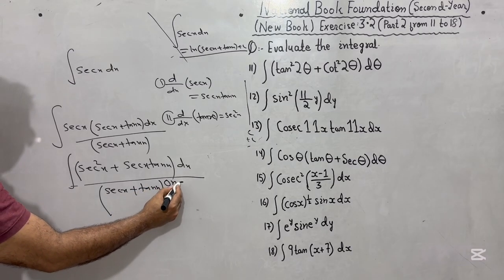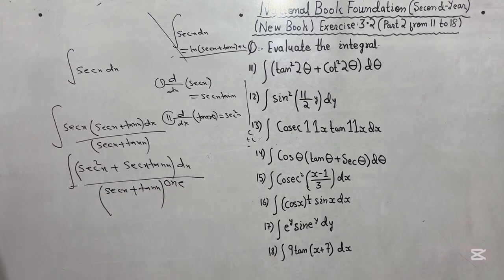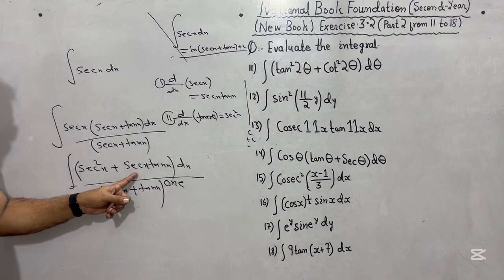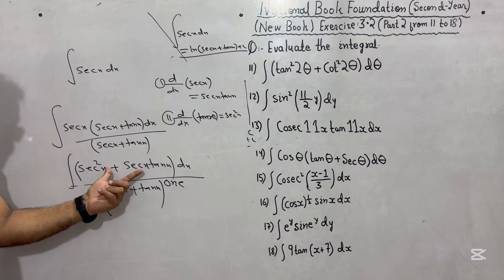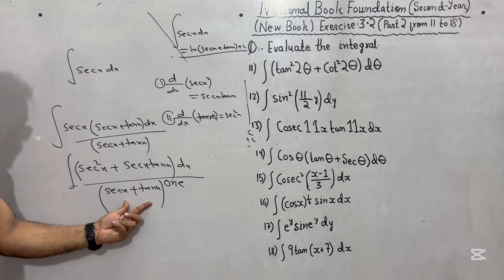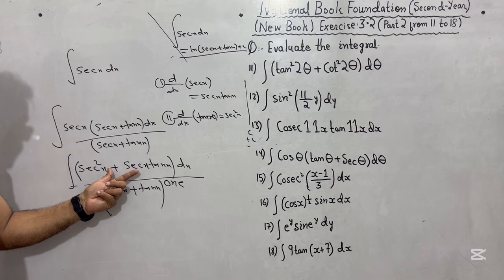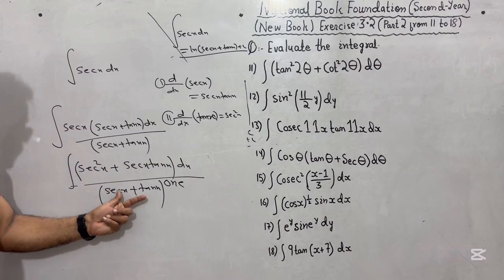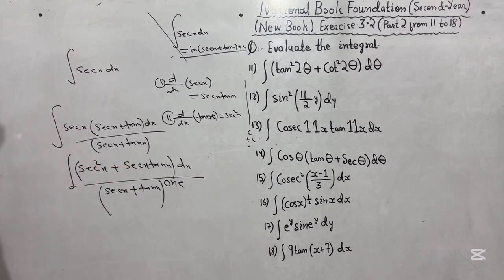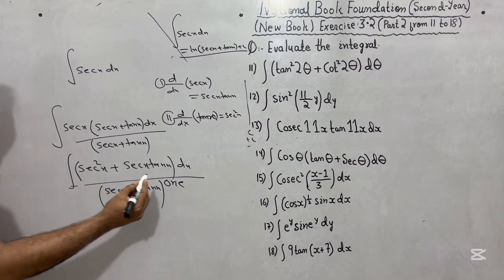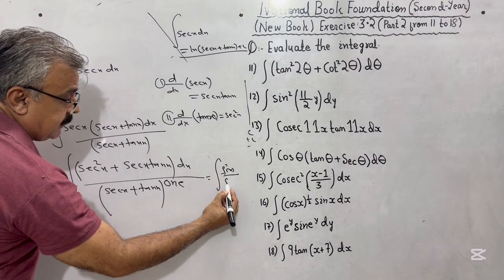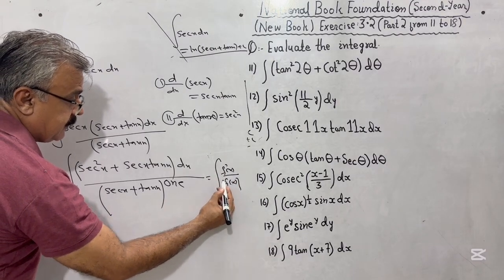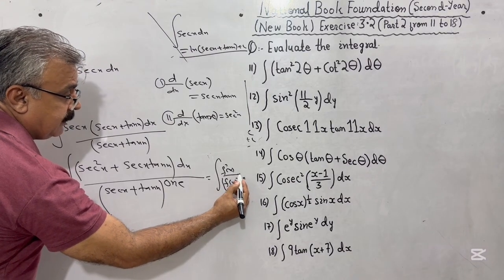Overall power 1, you are going to get a good clue from this. Differentiation of sec is sec x tan x and differentiation of tan is sec square. So it's our derivative, and this is our function. Function derivative, and the function is in the denominator.